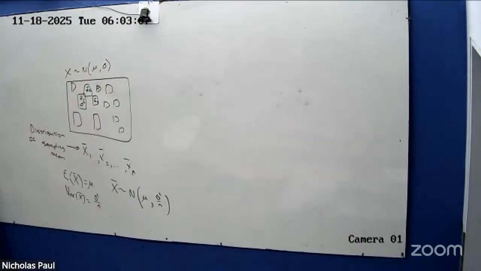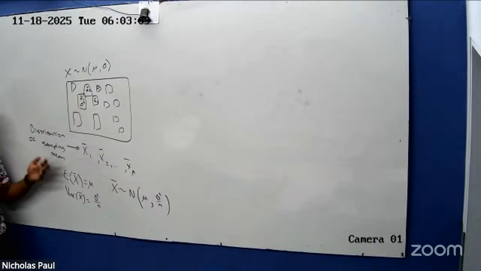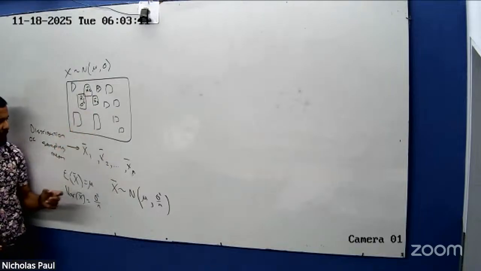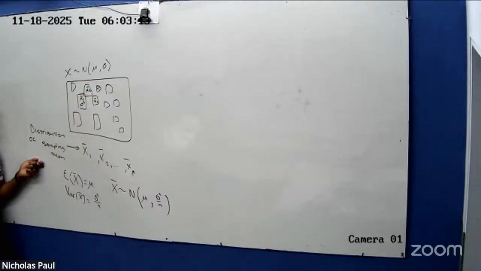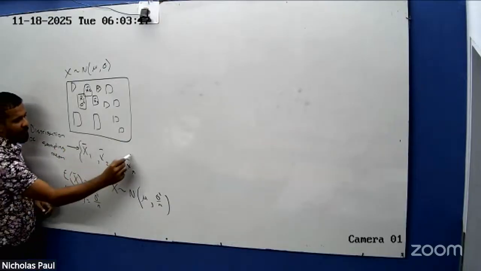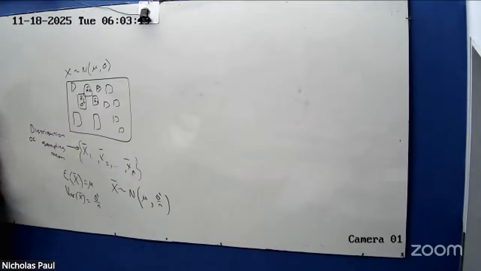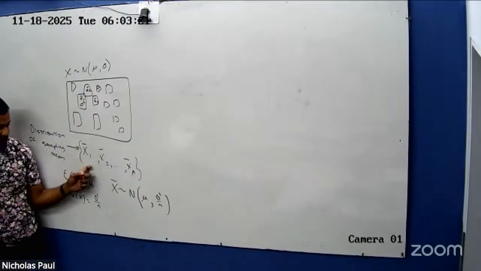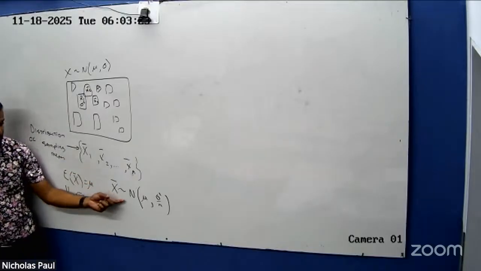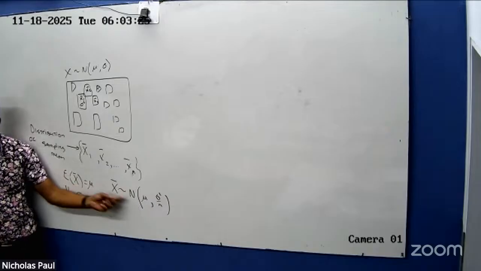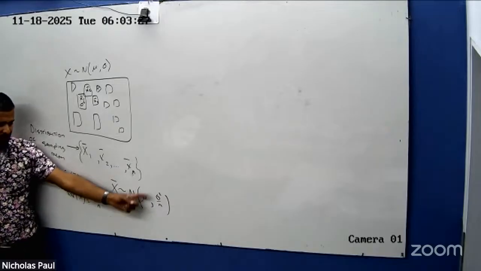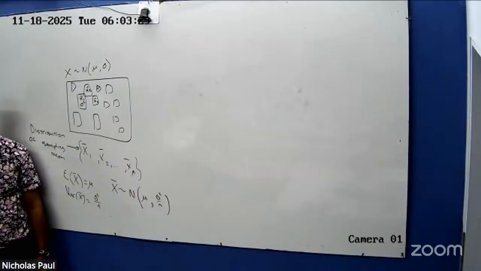Because we don't know it, we're going to have to create all these samples and create something called a distribution of sample means. Right? And then from this distribution, we will say, okay, this sample distribution of means will also be normal, but the mean will be mu, and the variance will be sigma squared on n. Okay?